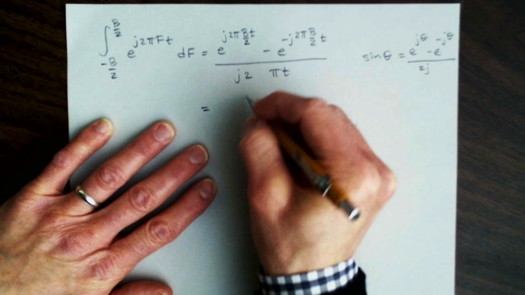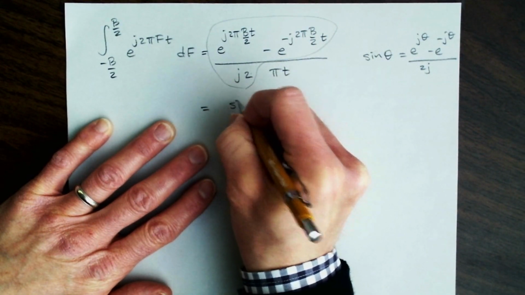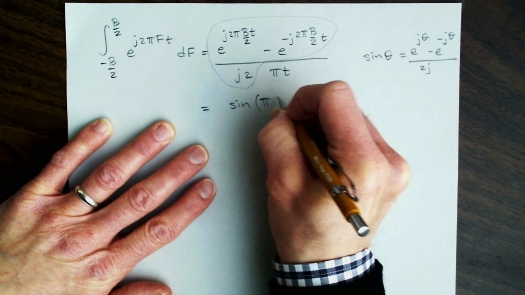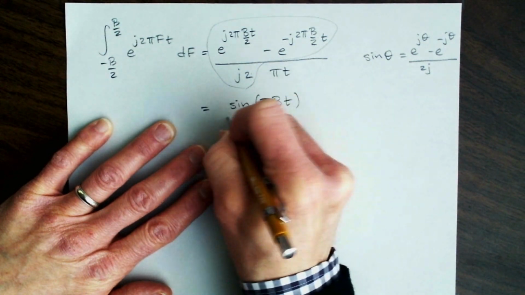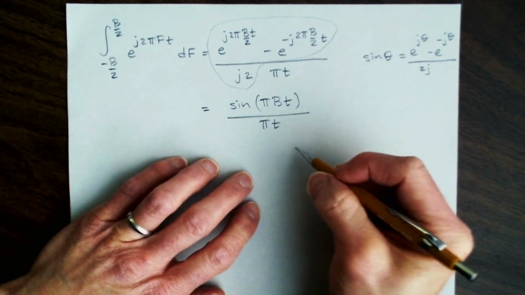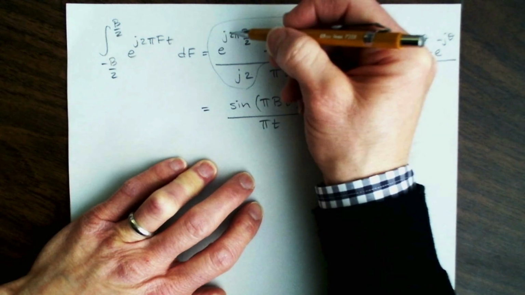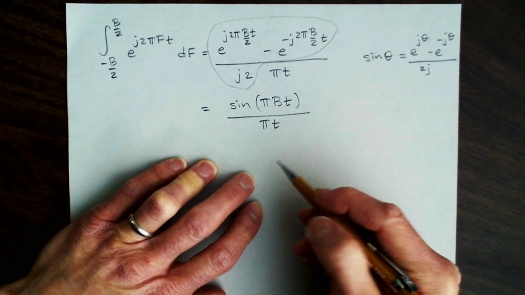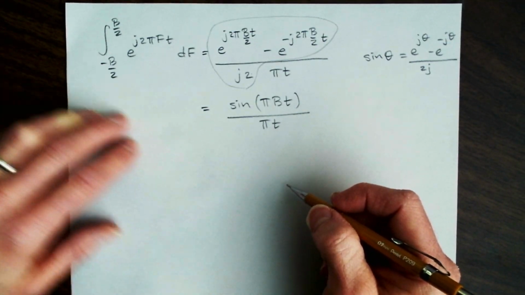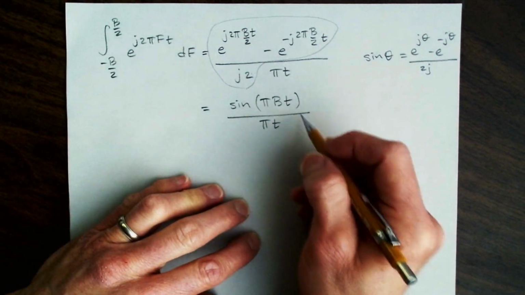And so that whole portion turns into a sine. I'll write it like this: sine pi bt divided by pi t. When I wrote this down, I canceled the factors of 2 in the exponent, and so we just get sine pi bt. So if we're integrating a complex exponential over a symmetric interval, we get this sinc function.